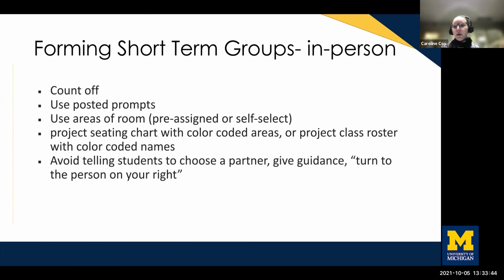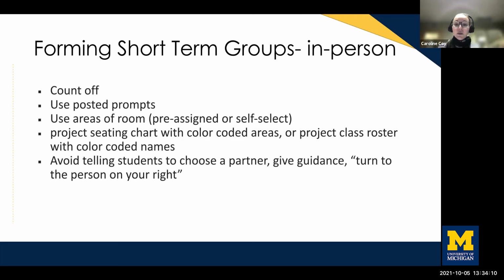You can use the areas of the room. If you have pre-assigned students to discuss a certain question, you can post those questions up around the room so that they have a place to meet and they can see quickly who else was assigned the same question. Maybe you did that in advance on Canvas, or you can let them self-select. So there's no planning. You just have the questions and then they self-select into their group.